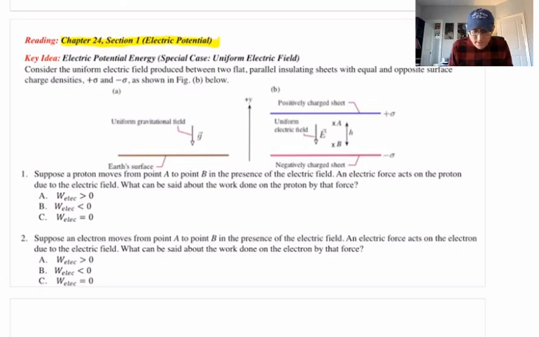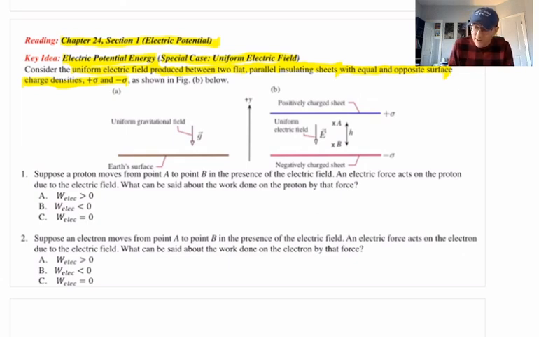I'm going to start by talking about electrostatic potential energy, and I'm even going to limit myself to the special case where I'm dealing with a uniform electric field. So let's talk about what I'm thinking about here. Let's consider the situation where we have a uniform electric field. One way to produce that uniform electric field is by taking two flat, parallel, insulating sheets with equal and opposite surface charge densities, plus sigma and minus sigma.